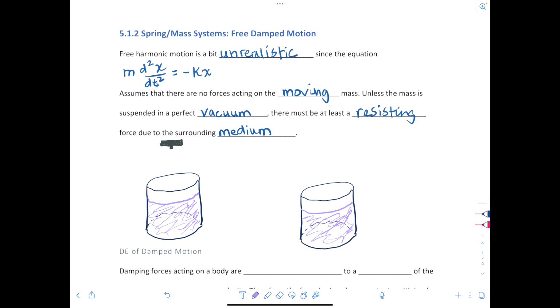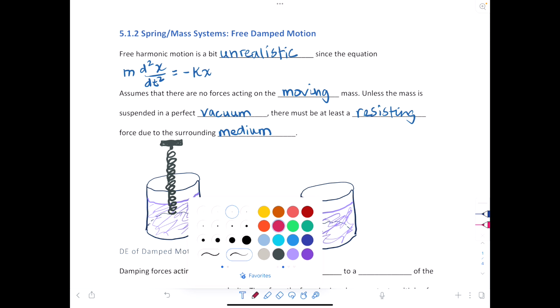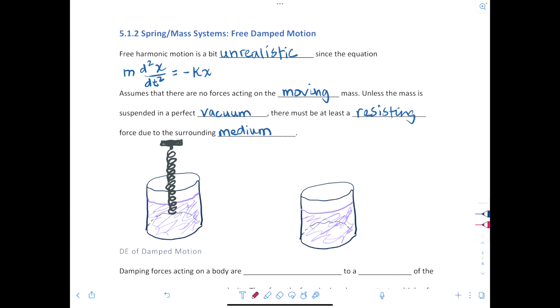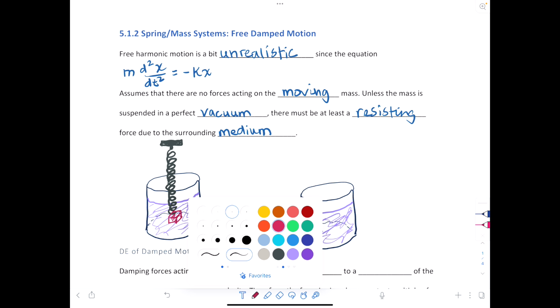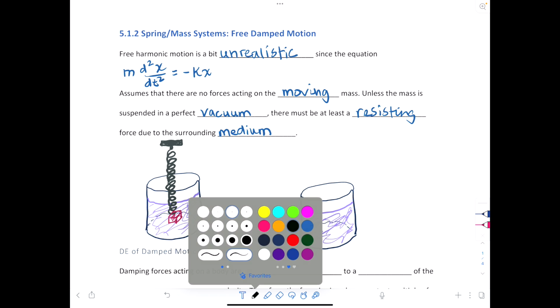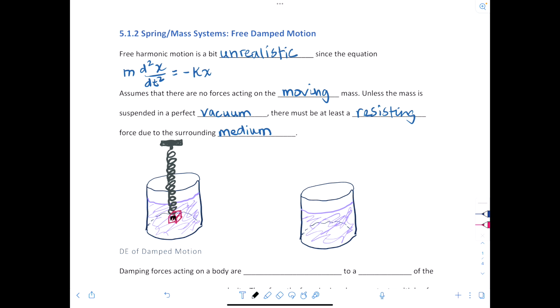Our spring is going to come into the liquid, and the mass will be attached to it. I'll make a little box for the mass. M for mass.